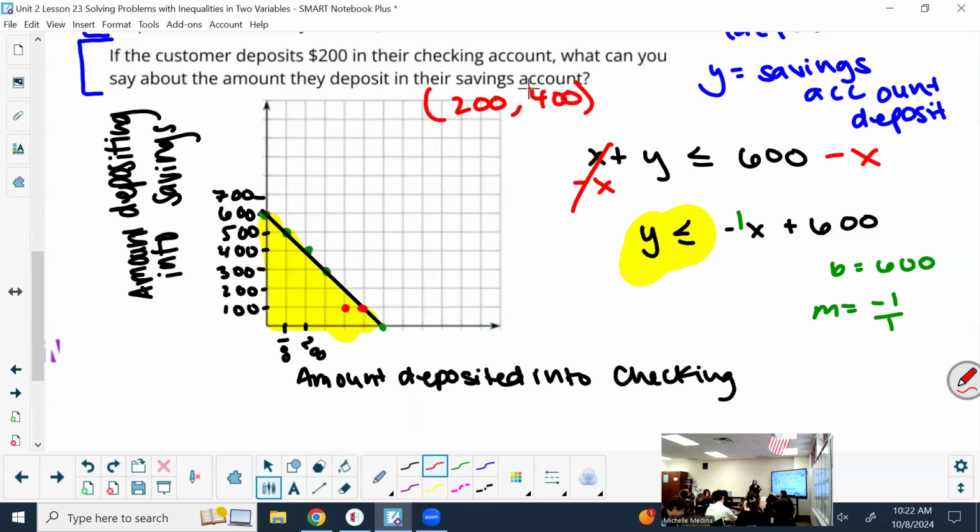Could they deposit less? Yeah. So you could say 400 or less. They can deposit $400 or less into their savings, because here's a 200, here's the maximum, and they can deposit anything underneath it. Let's go with that.